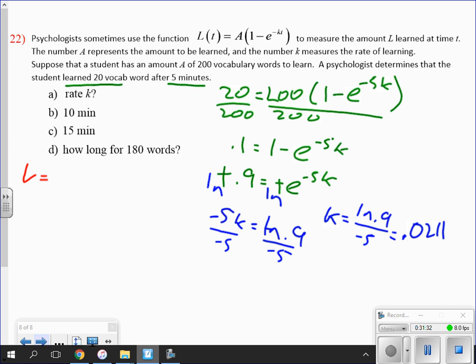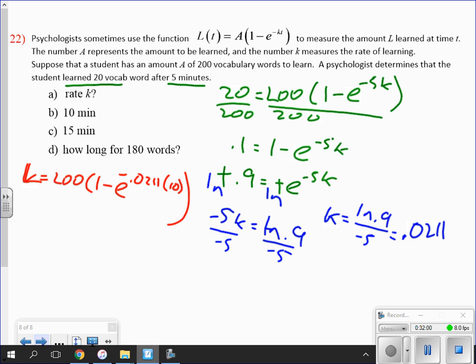The amount learned is equal to 200 times 1 minus e to the -0.0211 times 10. Question? Yes. Why is your answer for the last one positive?